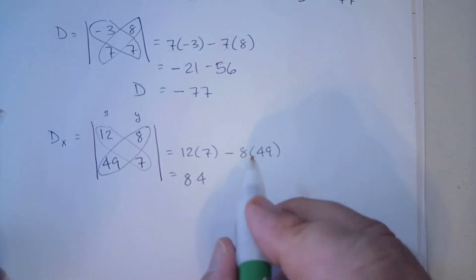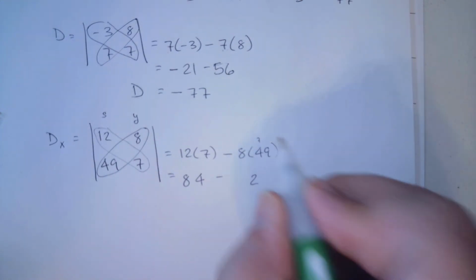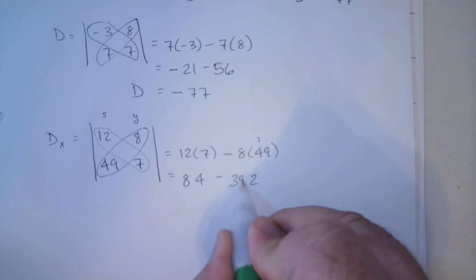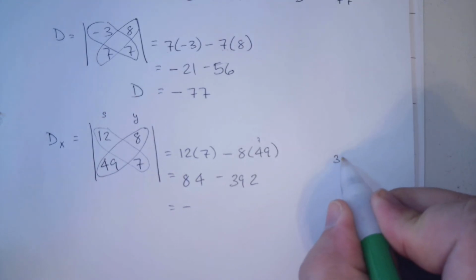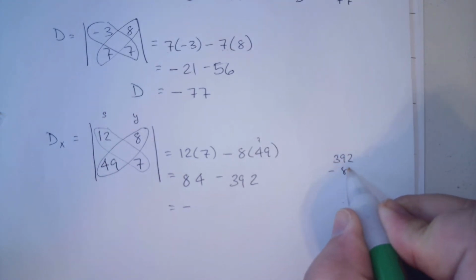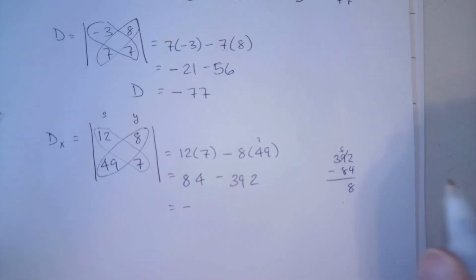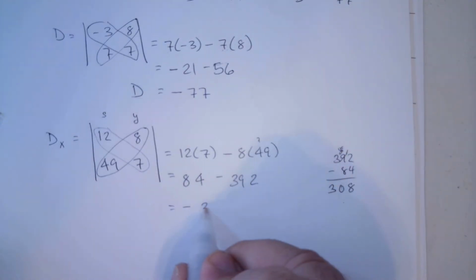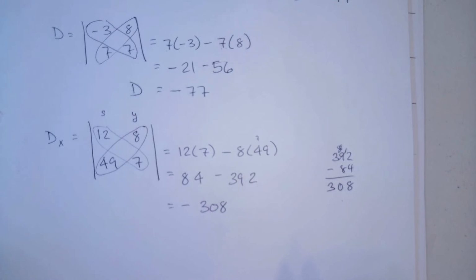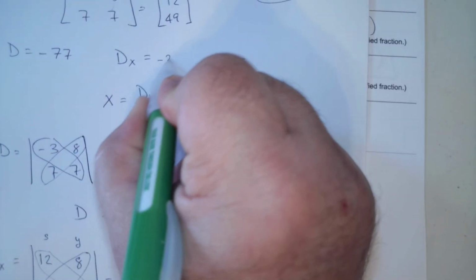So it's 84 and 392. We have 392 minus 84. So it's negative 308. So that's dx, negative 308.